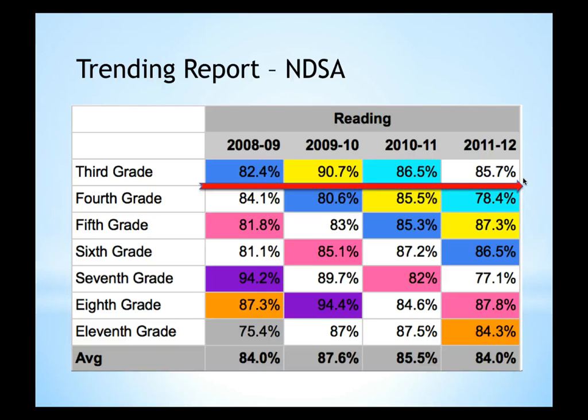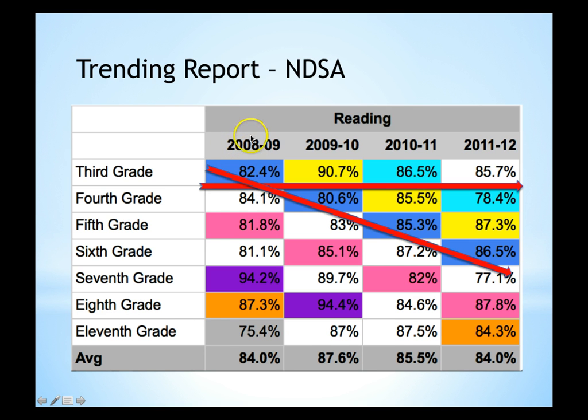We can also look at our cohort group of students as they progress when they go from 3rd grade to 4th grade to 5th grade to 6th grade, and that would be color coded as they go down. The colors as they go down is typically the same grade of kids or sets of kids.